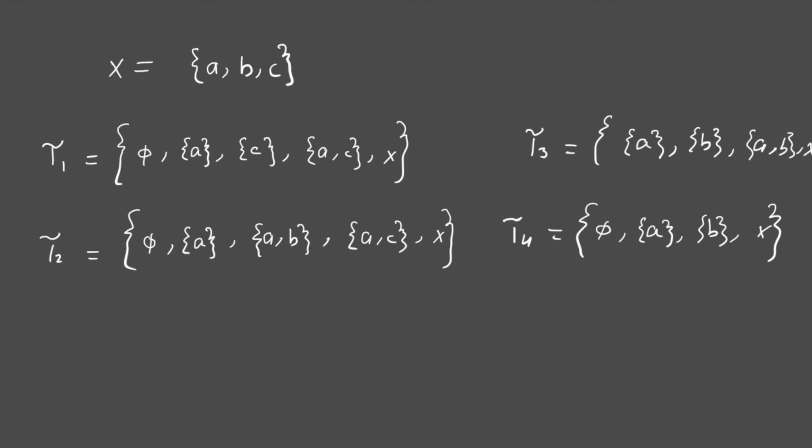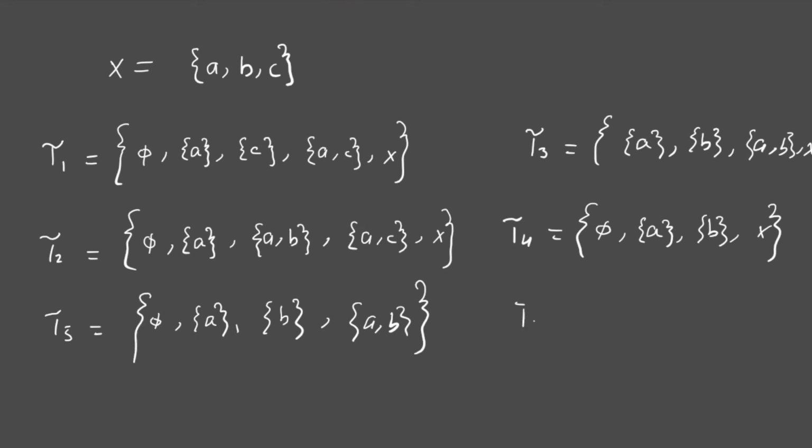Here is tau 5, and in tau 5 we are taking phi, A, B and AB.